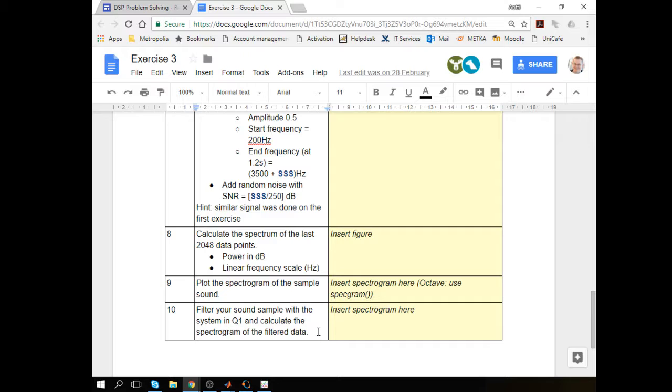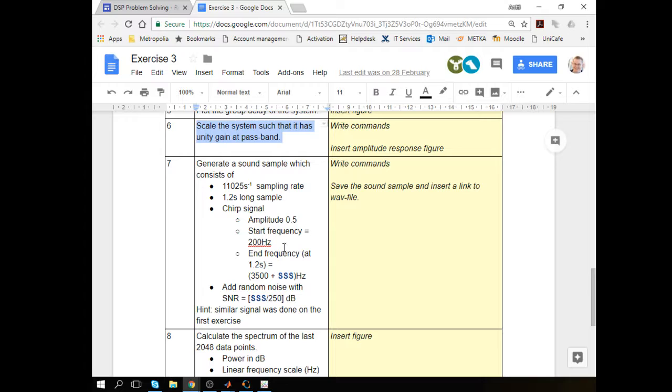Yes. Question 7. I don't know how to create a signal with the time difference. Wait a minute. Do I have the start frequency 200 hertz, end frequency? Yes, I have this one. Sorry.